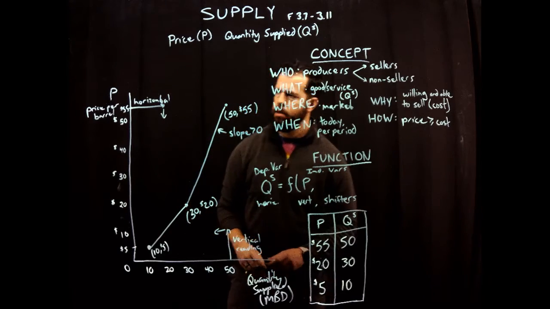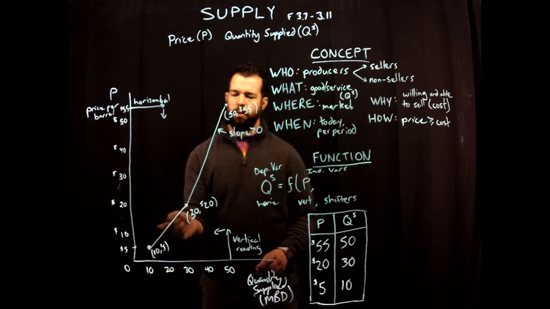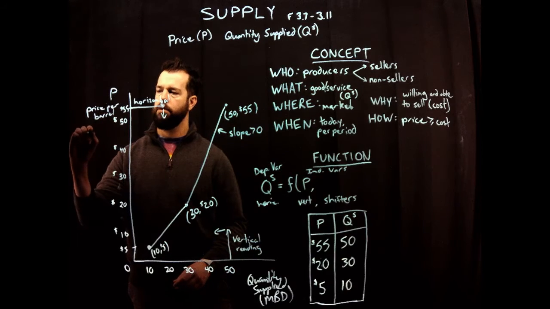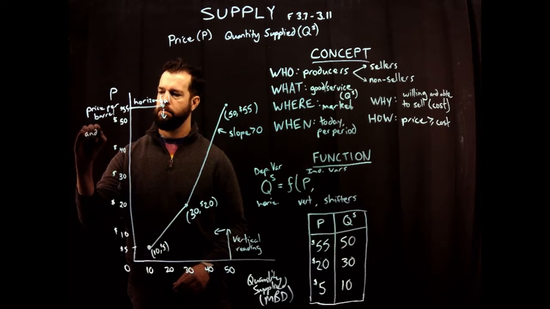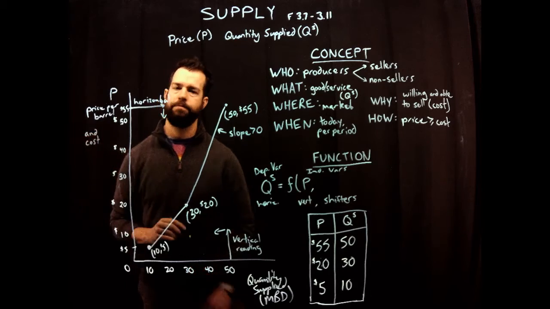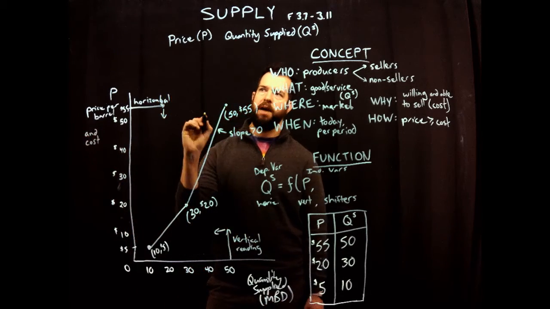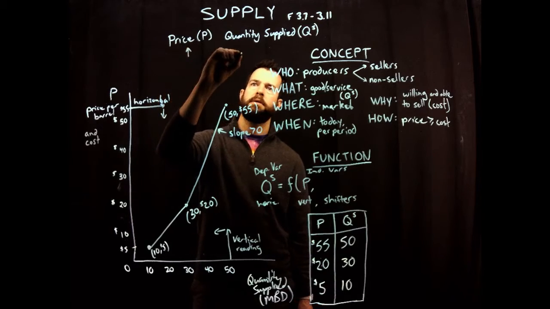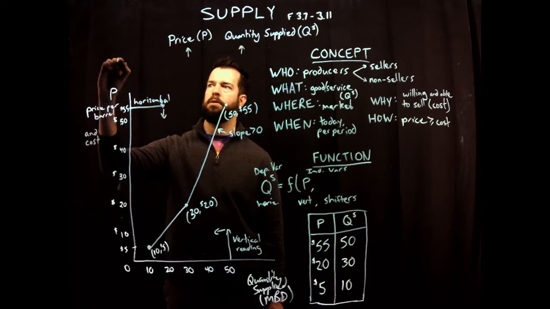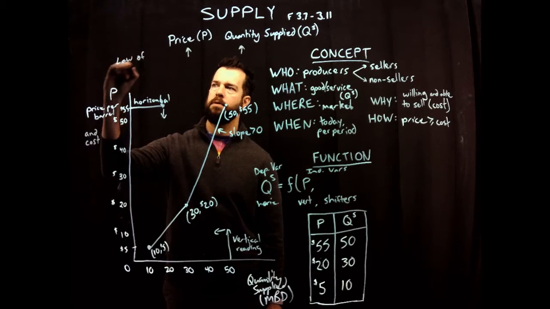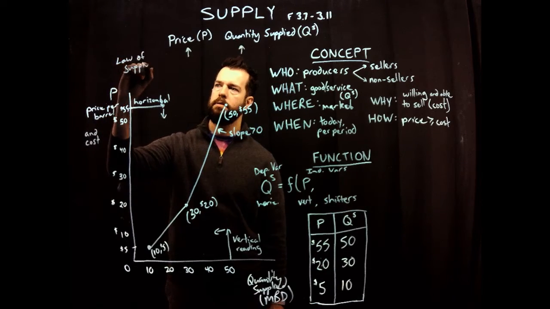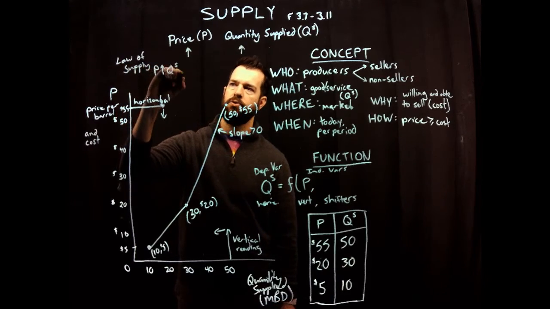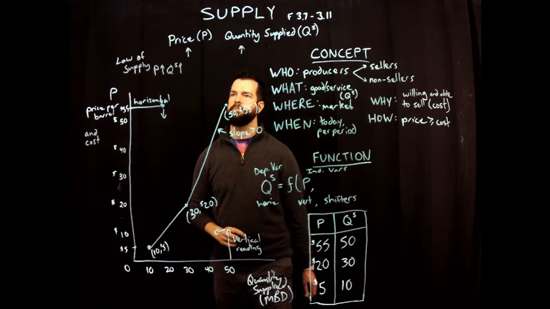What I'm also saying here is that when you look at the y coordinate along the supply curve, we're not only mapping price per barrel, we're mapping out cost. And so we have this positive relationship between price and quantity supplied. And that's our law of supply, that price and quantity supplied move in the same direction. Okay?